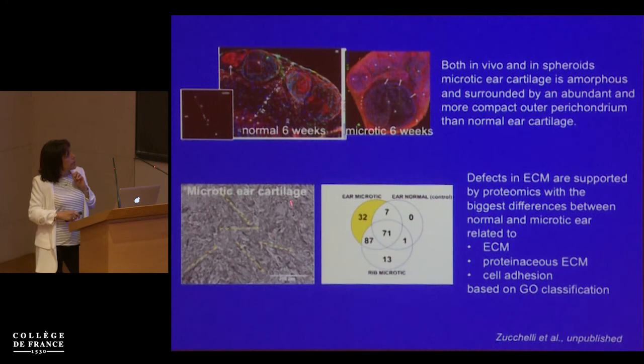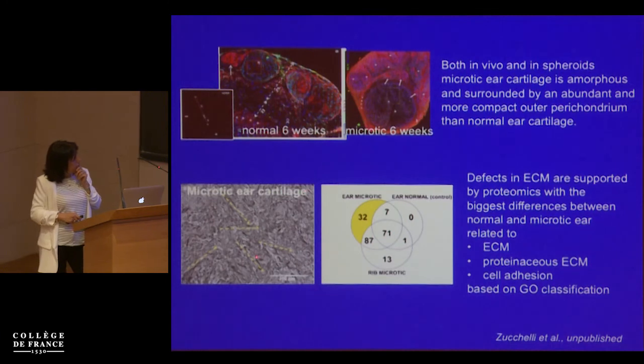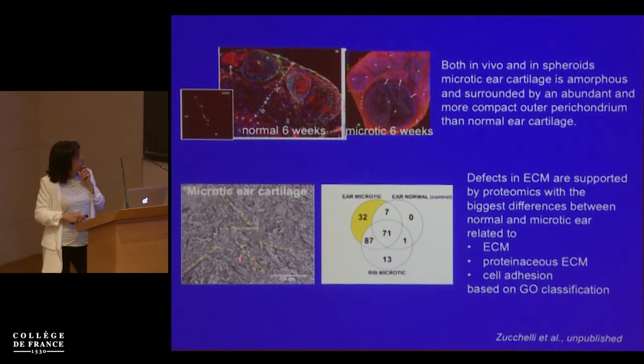And when we analyze the extracellular matrix they have secreted, we find that the matrix is very disorganized in these cultures from the microtic ear cartilage.